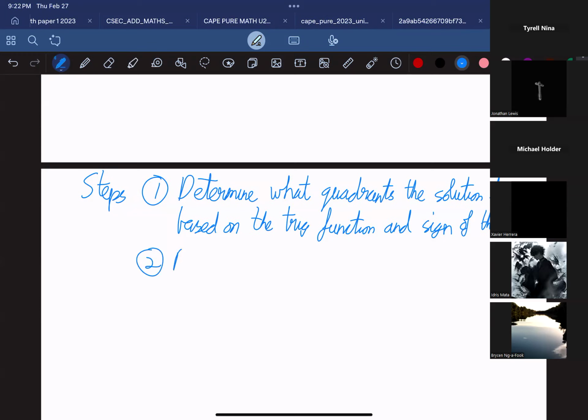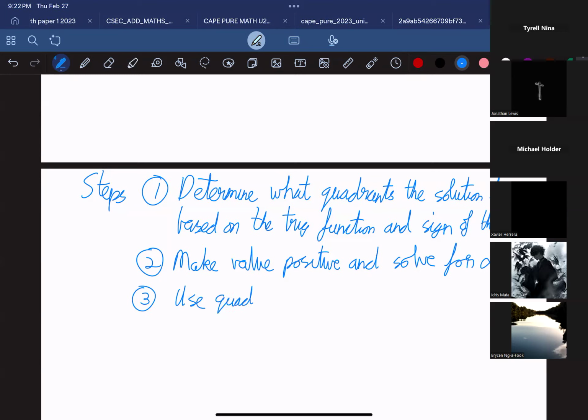Step 2: Make the value positive and solve for alpha. Step 3: Use quadrant formulae from step 1 to get the solution.